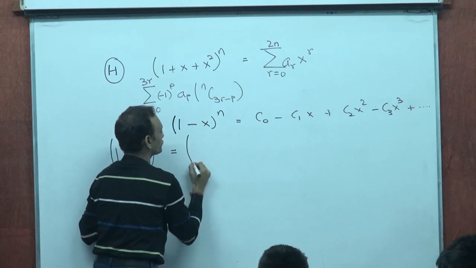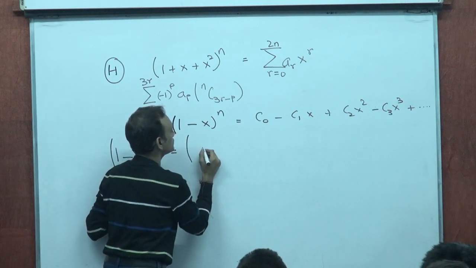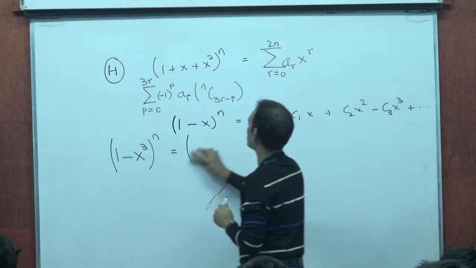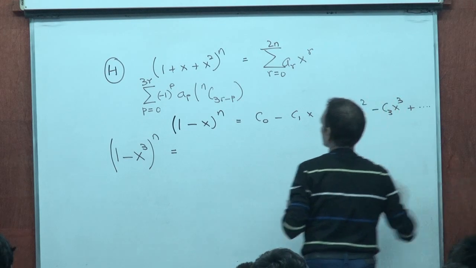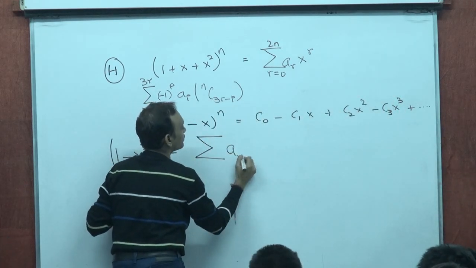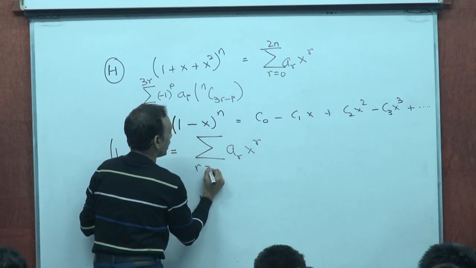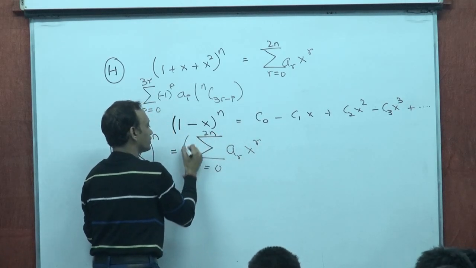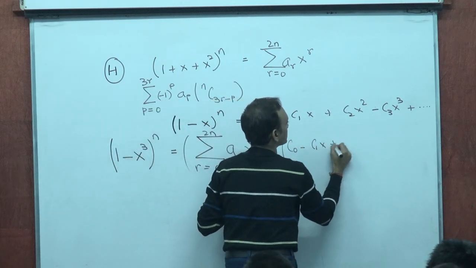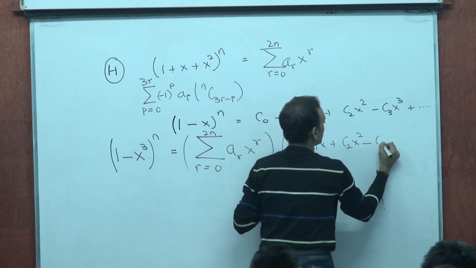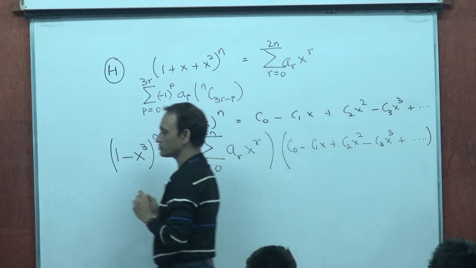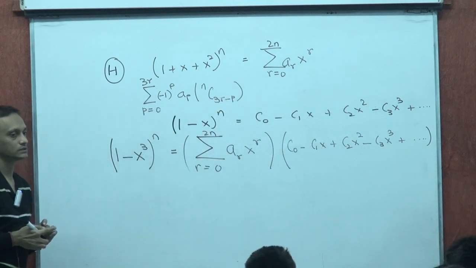That's equal to the summation of AR x^r, r equal to 0 to 2n, into C0 - C1x + C2x^2 - C3x^3 and so on and so forth. Right?